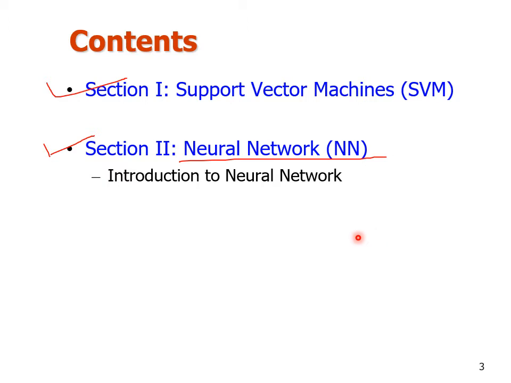We are going to see the first computational model of a neuron, known as the McCulloch-Pitts neuron, or in short MP neuron. Then we'll proceed to the simplest form of neural network, known as the perceptron.